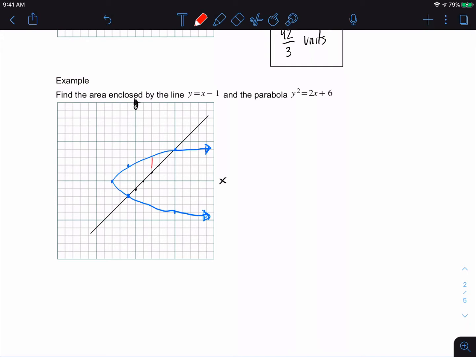Like, let's say this was our slice. Would there be a problem there? No problem there. What about if I did it there? No problem there. But what about here? Is there a problem?